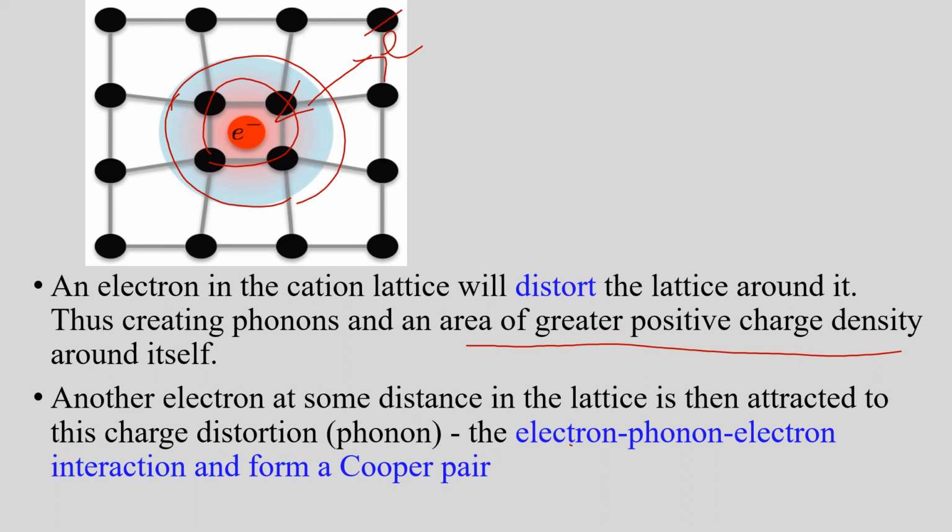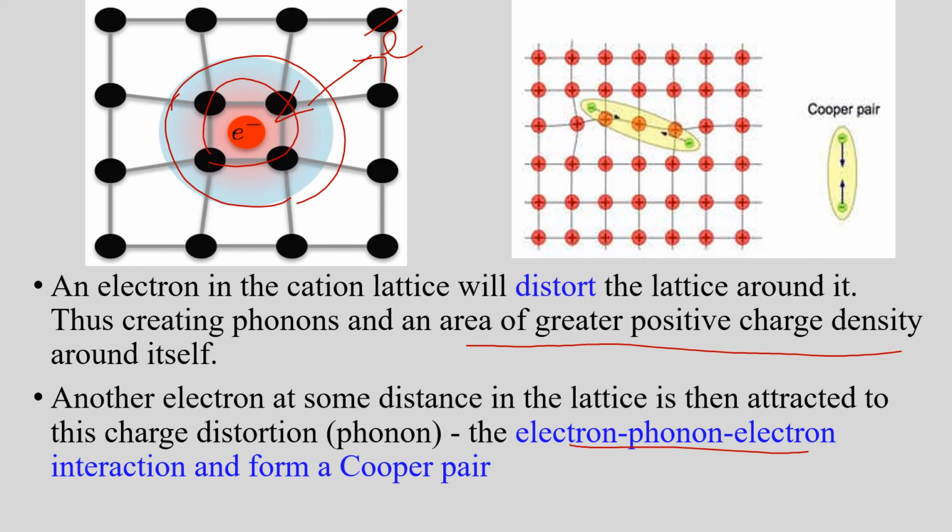Thus, electron-phonon interaction takes place. This results in the formation of a Cooper pair. This Cooper pair can move through the lattice without any resistance and exchange of energy. This explains the zero resistance property of a superconductor.